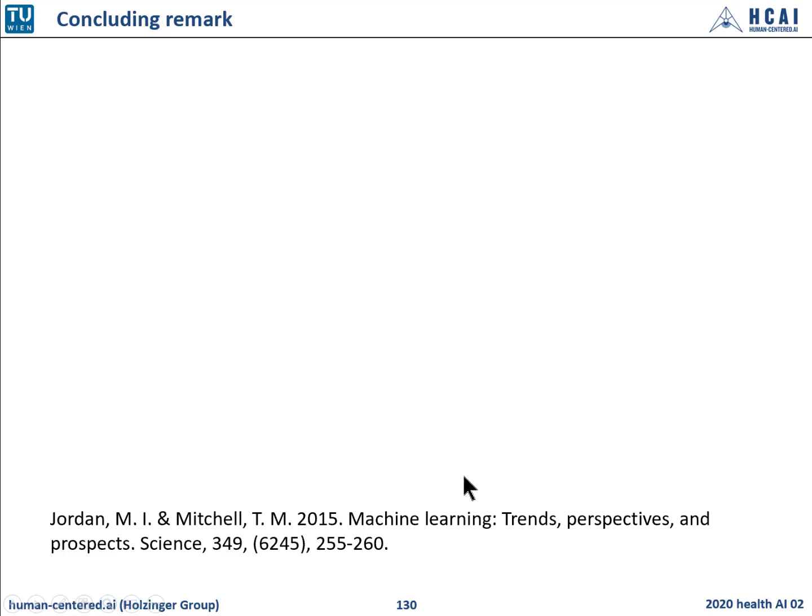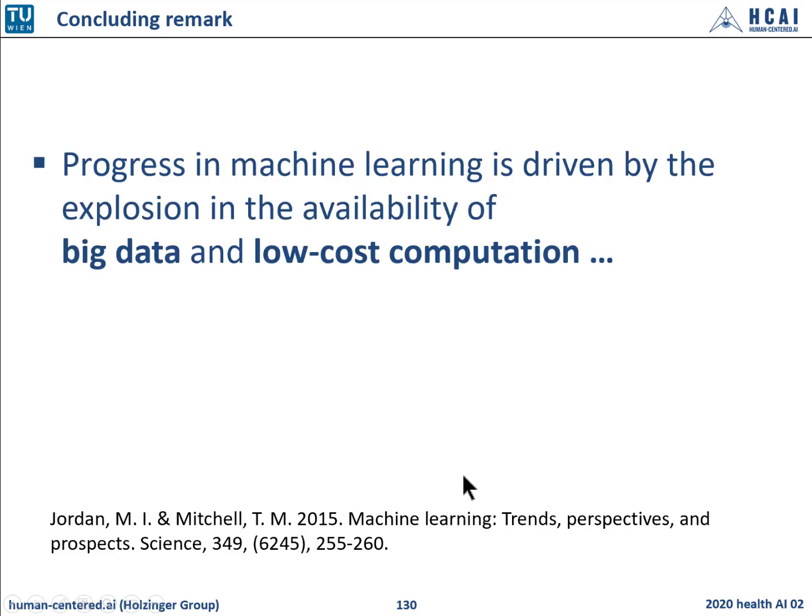So concluding remark. Progress in machine learning is driven by the explosion of the availability of big data and low-cost computation. So this is actually very important.